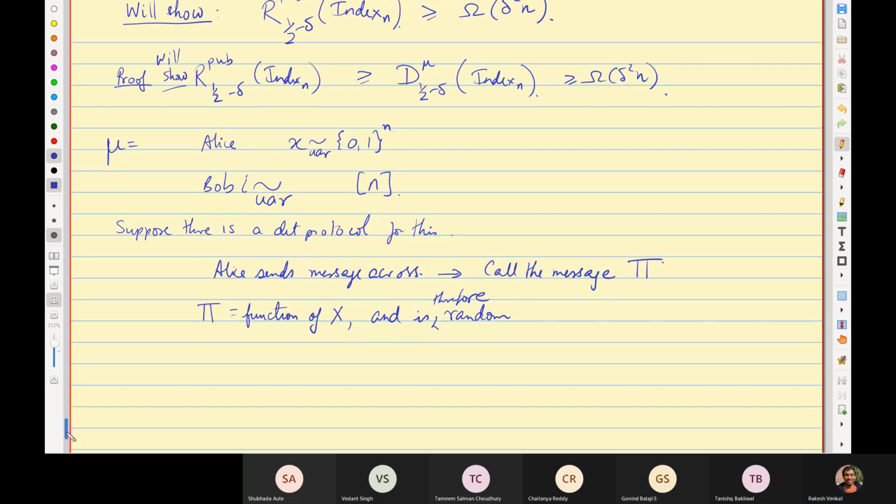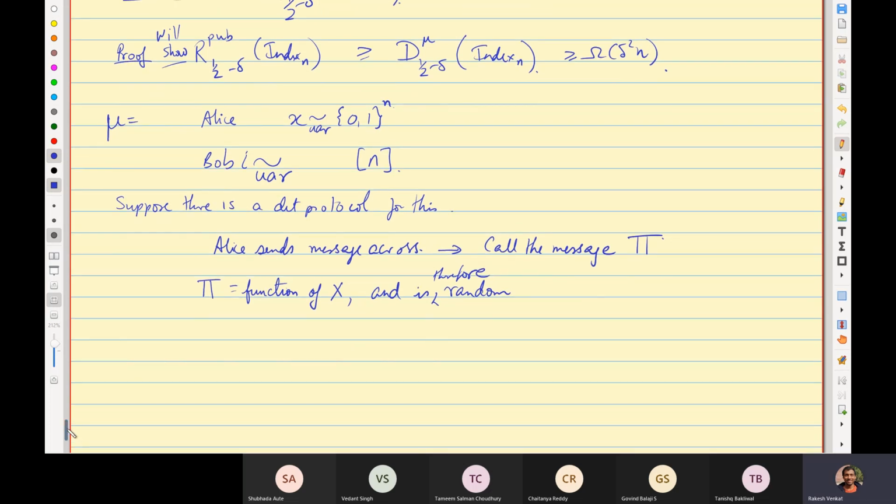So what we're going to look at is the entropy of the transcript pi. If you look at H of pi, this is the starting point of all information theoretic proofs. You look at the entropy of the transcript. And what we'll show, because of our previous result, is that H of pi is at most bounded by the log of the size of the support of pi.